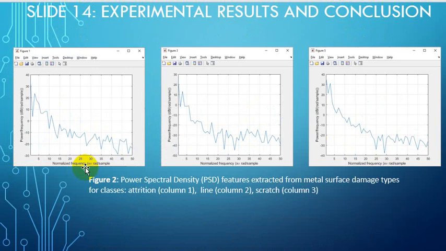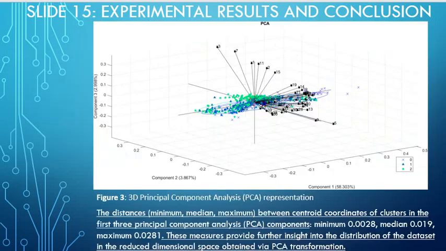Figure number 2 demonstrates a power spectral density feature extracted from metal surface damage types for the appropriate classes: attrition, line, and scratches. Slide number 15 demonstrates a three-dimensional principal component analysis representation.